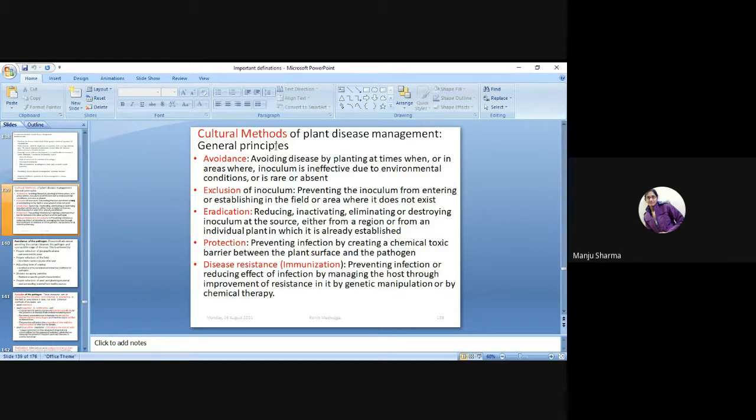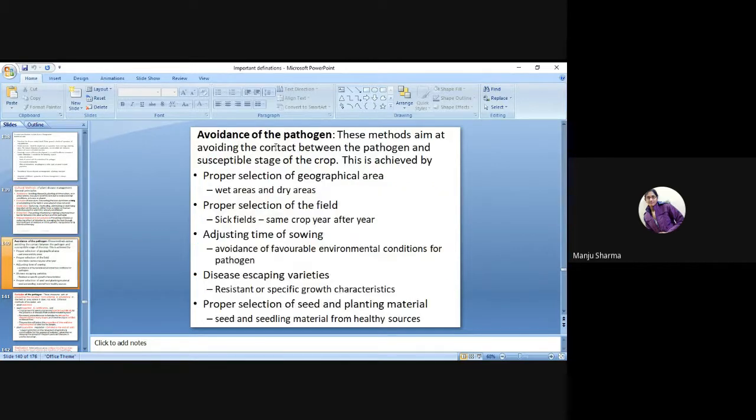Basically, it is preventing infection or reducing the effect of infection by managing the host through improvement of resistance in it by genetic manipulation or by chemical therapy. Then avoidance of the pathogen. These methods aim at avoiding the contact between the pathogen and the susceptible stage of the crop.